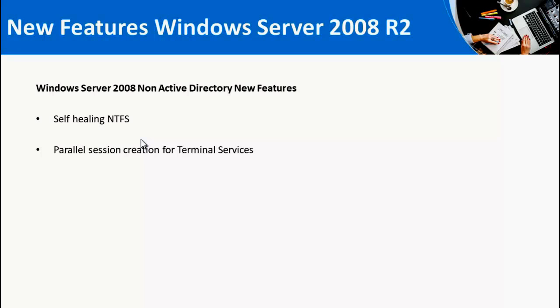Windows Server 2008 now supports clean server shutdown. Previously, all the processes on a system would be given a signal that the server is shutting down, and all processes then had 20 seconds to shut down.